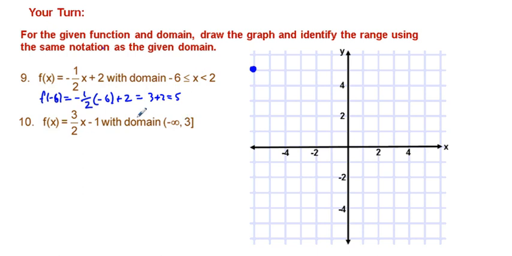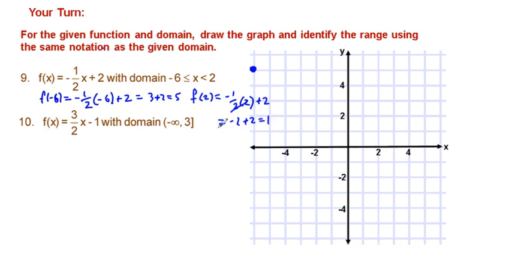Okay, next we have f of 2, which is equal to -1/2 times 2 plus 2. And that's going to be -1 plus 2, so it's equal to 1.